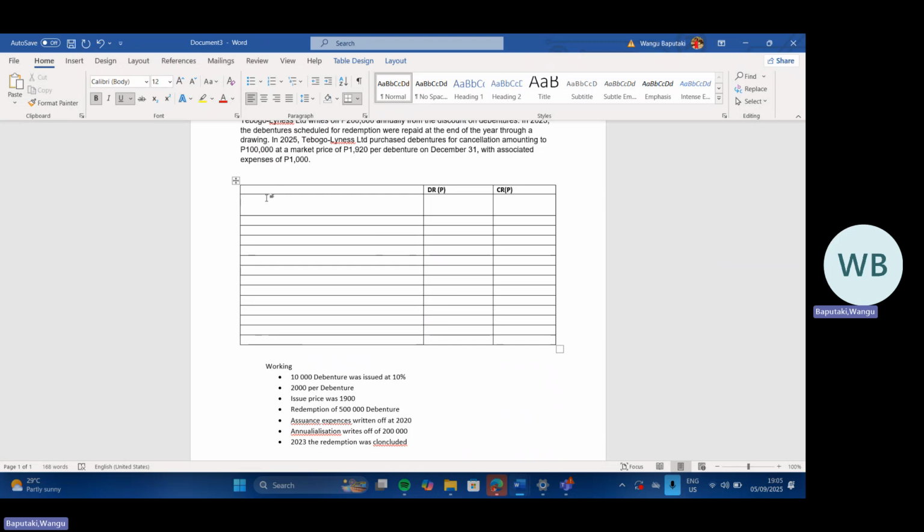So I debit bank 10,000 times 1.9, that gives us 19 million on the debit side.